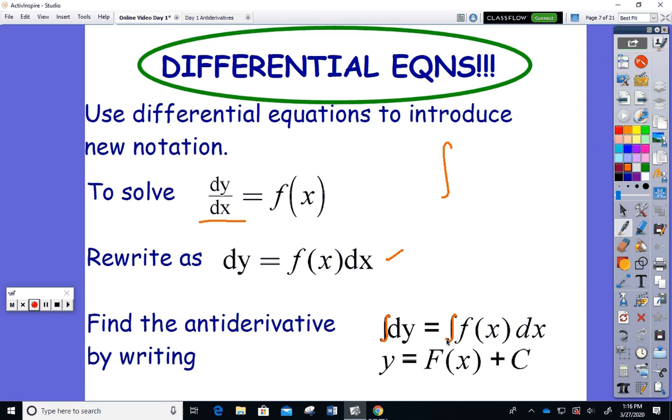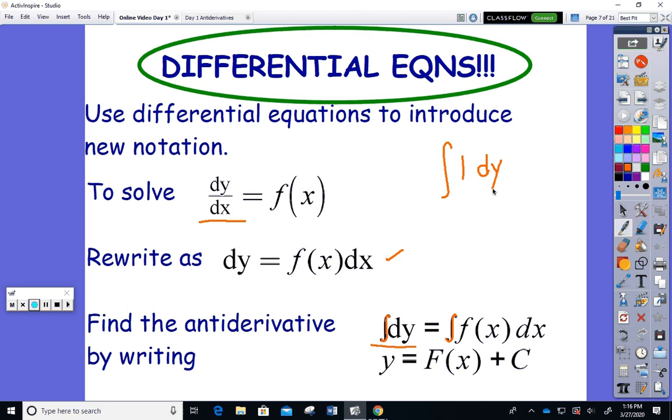Let me show you on this left side where I'm saying the antiderivative of dy. What I'm really saying is the antiderivative of the number 1 times dy. When I look at that, what that's saying is take the antiderivative of 1 with respect to the variable y.